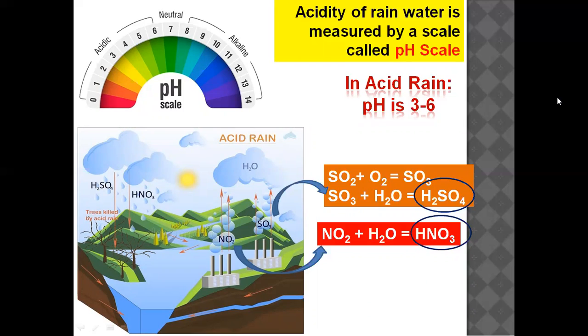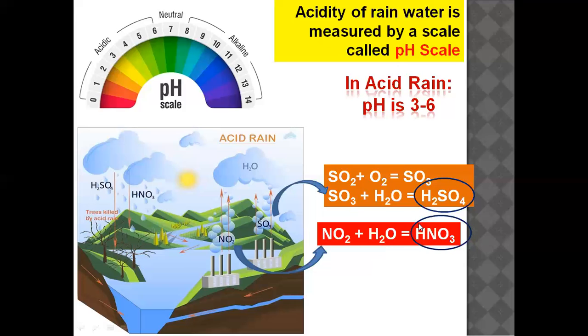So what actually happens? First, the released nitrogen dioxide or sulfur oxide will react with atmospheric oxygen. For example, in the case of SO2, that is sulfur dioxide, it reacts first with oxygen and then water to form the acid H2SO4, whereas nitrogen dioxide directly reacts with atmospheric water to form nitric acid.